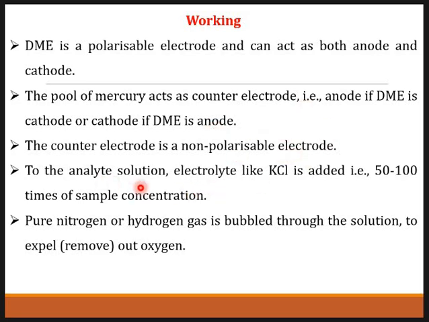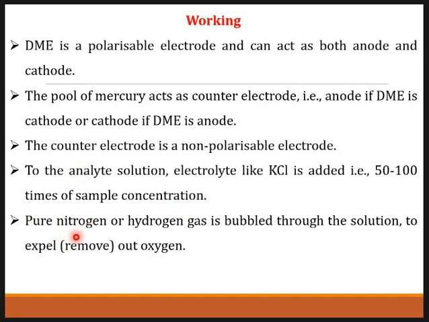To the analyte solution, as we already discussed, an inert supporting electrolyte, that is potassium chloride, is added, 50 to 100 times the sample concentration. This excess of the supporting electrolyte is added to minimize the migration current.